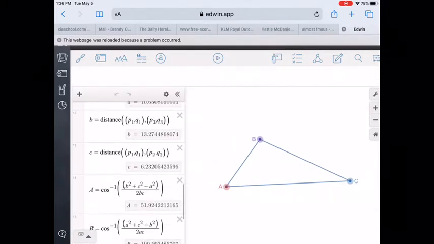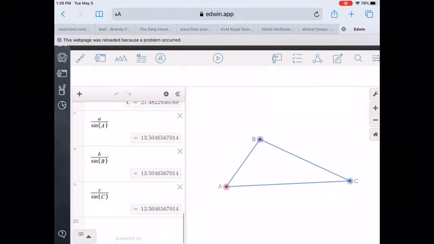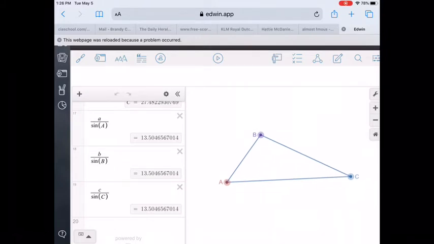So if we look at a over sine A, b over sine B, and c over sine C, again, angles are the capitals, and lowercase are the opposite sides. It's not written in here.